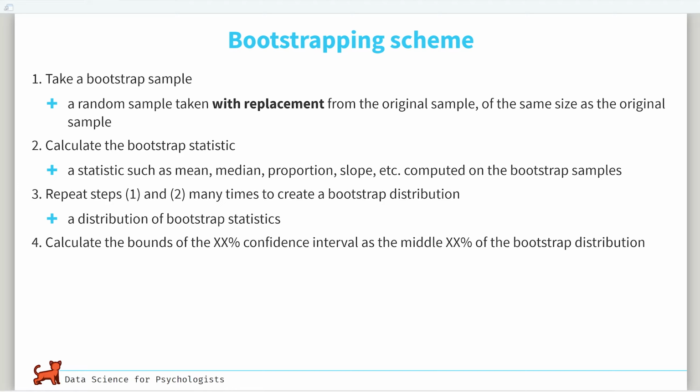We are grabbing the individual values repeatedly from our data. And then we are using those to calculate the statistic of interest. Now, this can be a mean, median, proportion, slope, really anything. And we do that a ton of times to create a distribution of that statistic.